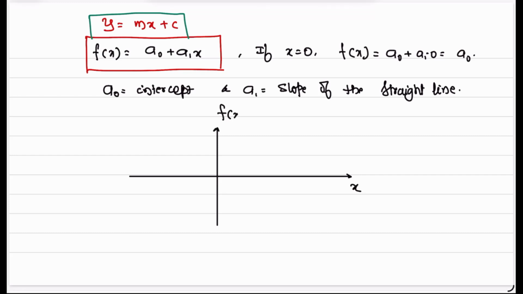This is function f(x), and when x is equal to 0, this is the origin. When x is equal to 0, function f(0) is equal to a0.